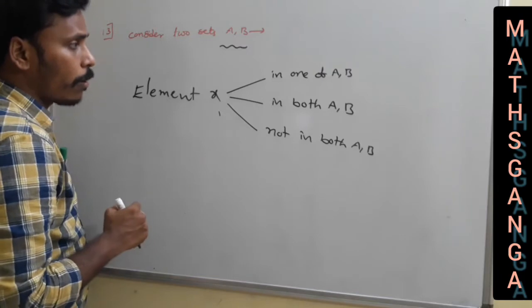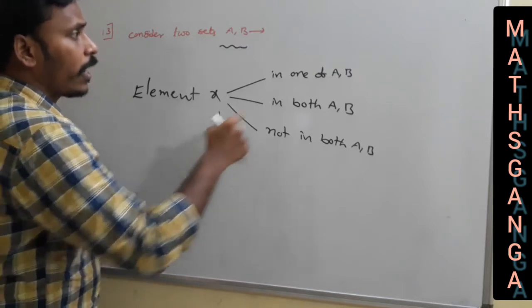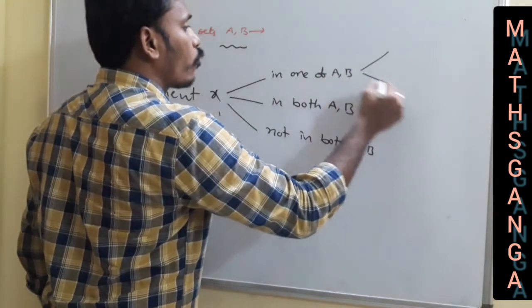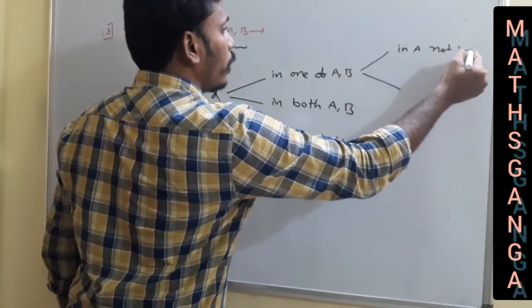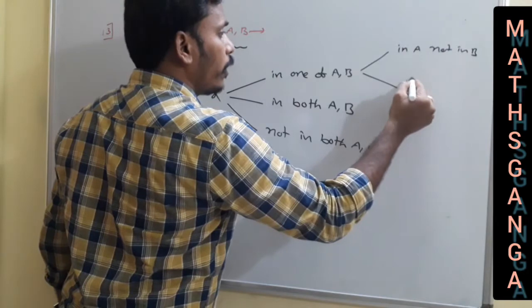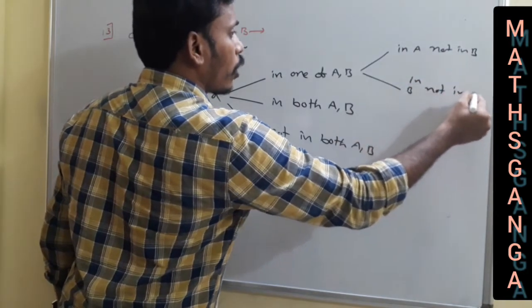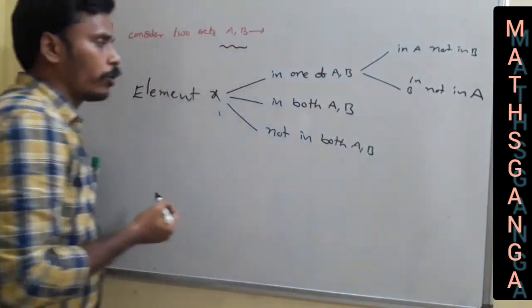Not in both A comma B. In one of A comma B means again I have two different possibilities. What are those? In A, not in B. Maybe in B, not in A. You just think about all the possibilities.